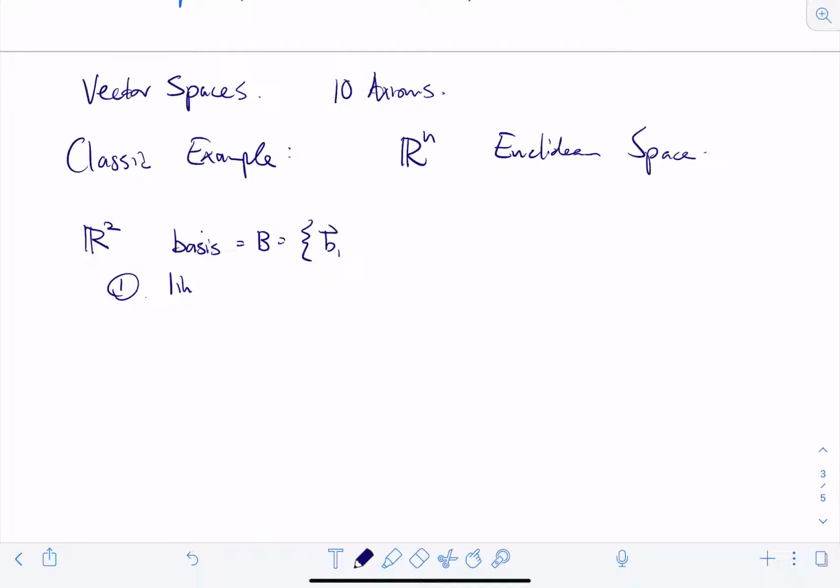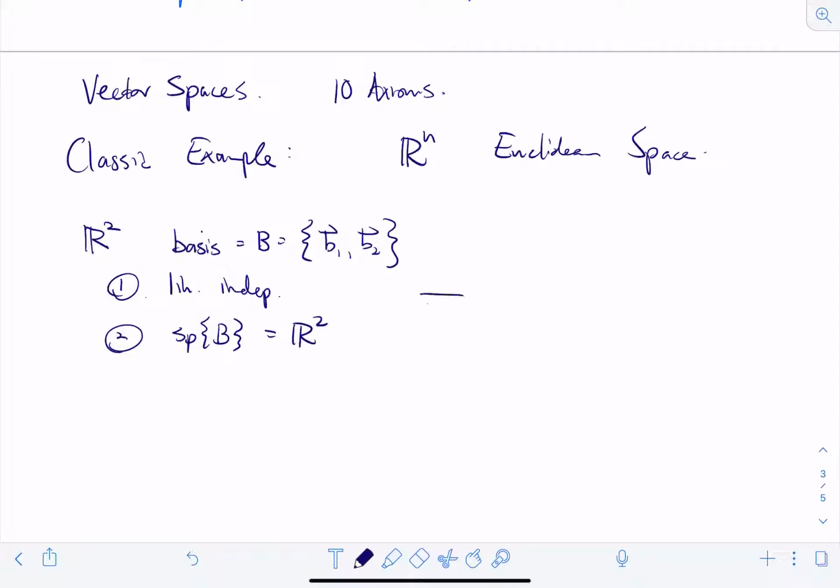We'll call it B1 and B2, like this, right? And what do you know? You know that they have to be linearly independent and you know that the span of these two basis vectors should equal all of R2. So when these two conditions happen, then you know you have a basis. Now, what's so great about this? I mean, there's many things great, but is there a main takeaway?